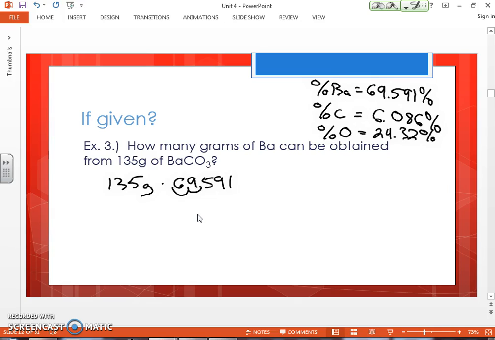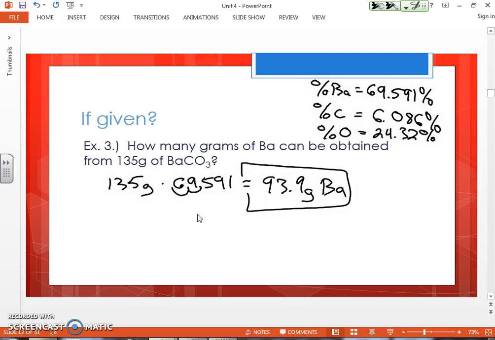That gets rid of the percent, and now it's just plugging it into your calculator. 135 times 0.69591. So of that 135 grams, I get 3 sig figs here, 93.9 grams of it is barium.